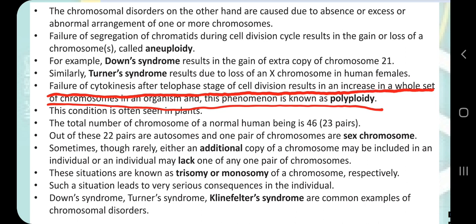And if this type of gametes are made and survive, then if these gametes fertilize with another gamete, this will result in abnormal chromosome number in case of human beings and in case of other animals and plants. So now you can have an idea why chromosomal disorders happen.